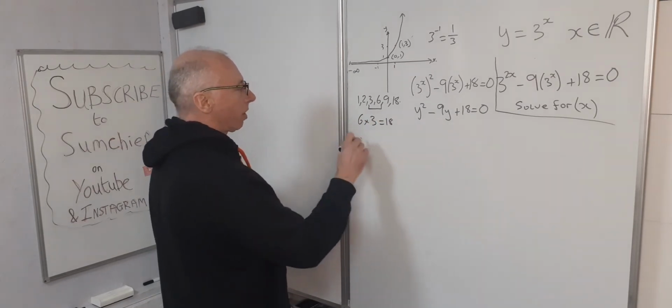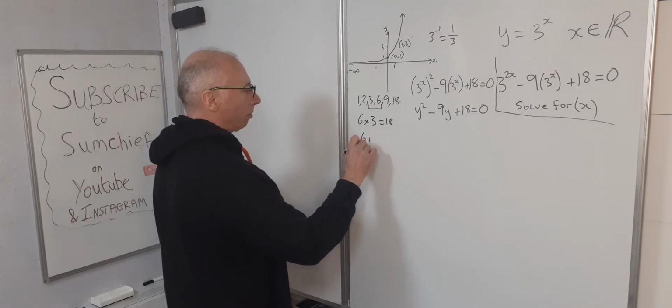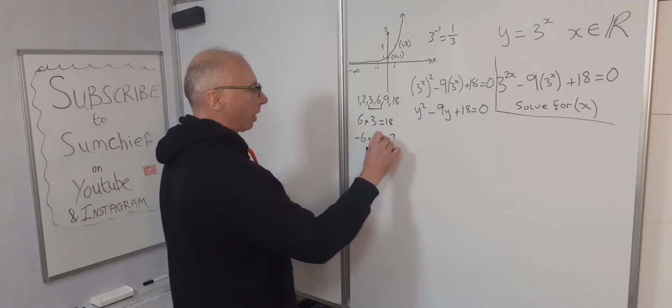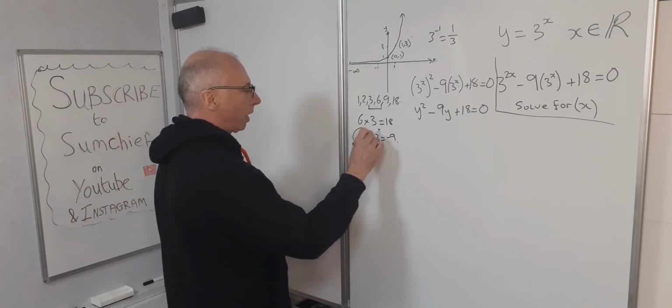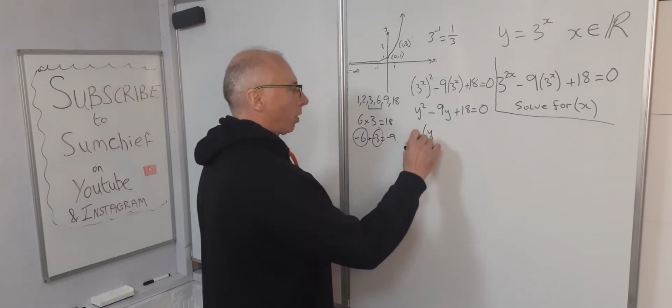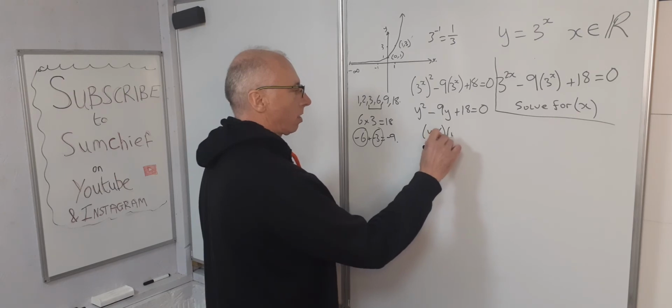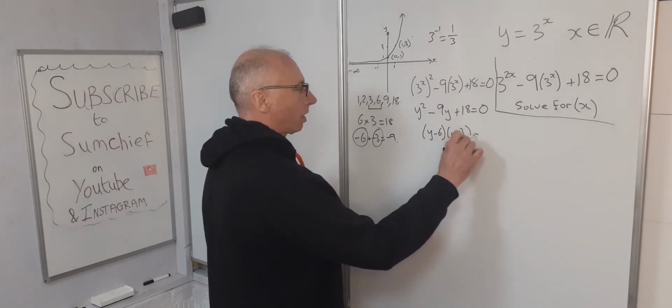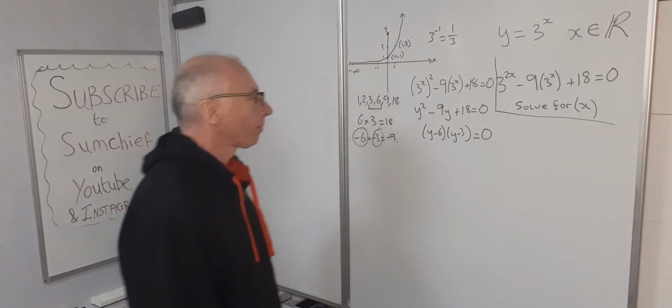And then to get minus 9, we have minus 6 plus minus 3 equals minus 9. So therefore we want minus 6 minus 3. So therefore we've got (y minus 6)(y minus 3) equals 0.